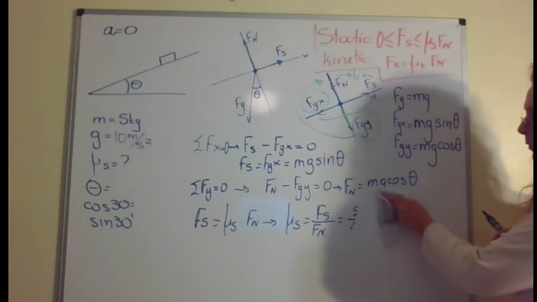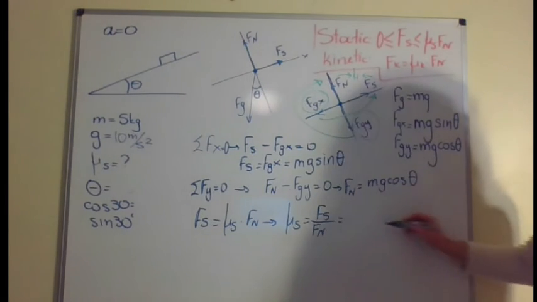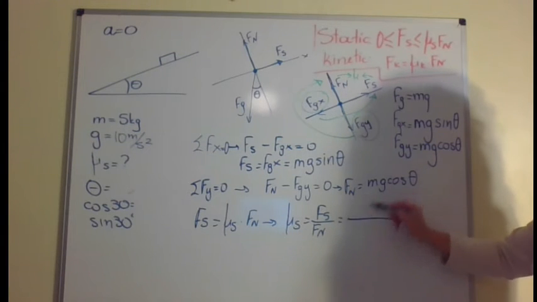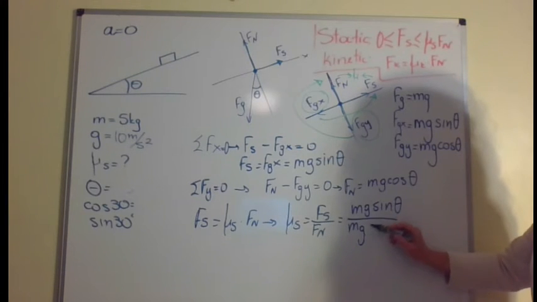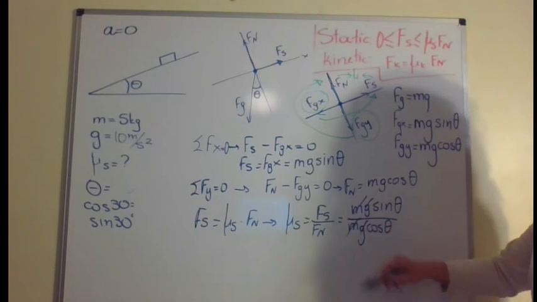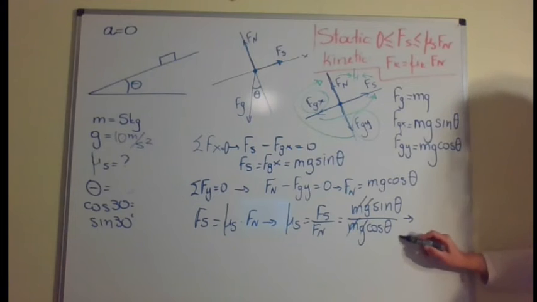So if I go here, what do I find? I find that the coefficient of static friction is mg sine theta over mg cosine theta. Getting rid of the masses and the acceleration due to gravity, I find that the coefficient of static friction equals the tangent of theta.